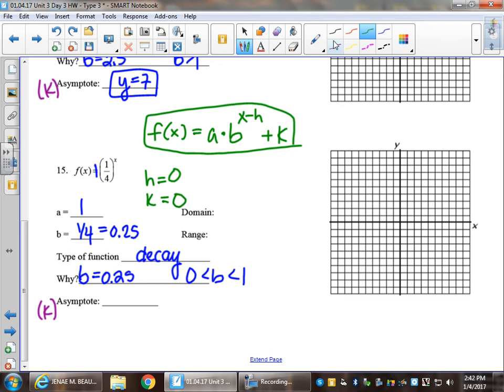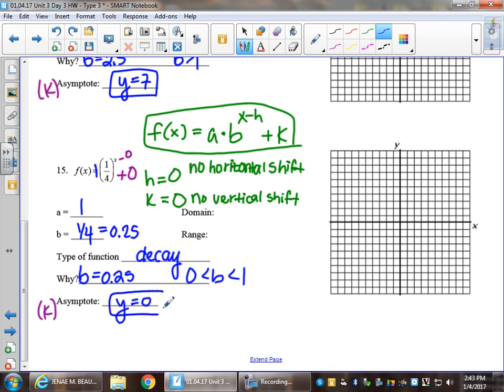Because mentally, I want you to see that this is like x minus 0, and then a big plus 0 right there. Which means no horizontal shift, and no vertical shift. So the equation for the asymptote comes from K. K is 0. So y equals 0 is the equation of the asymptote.